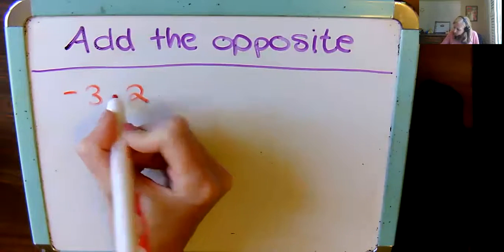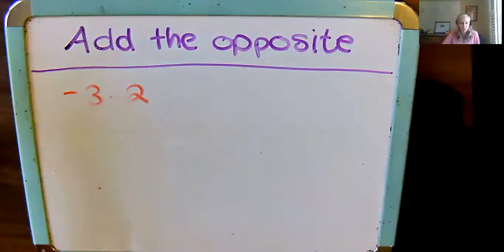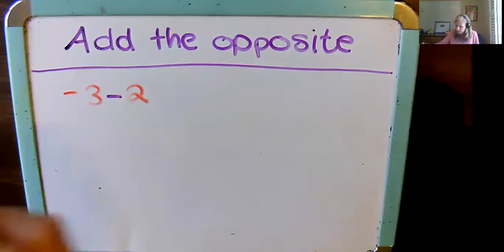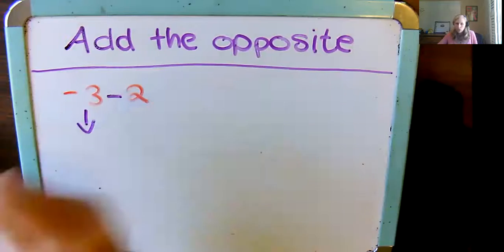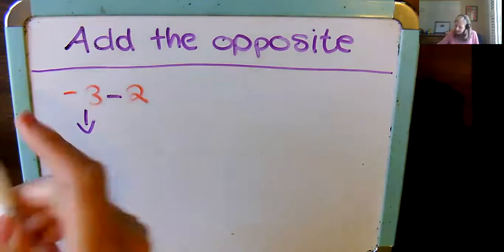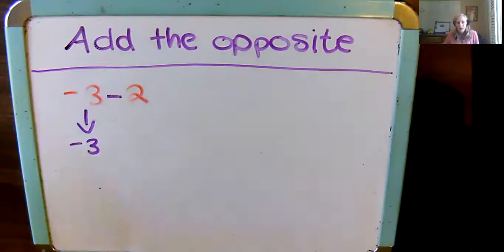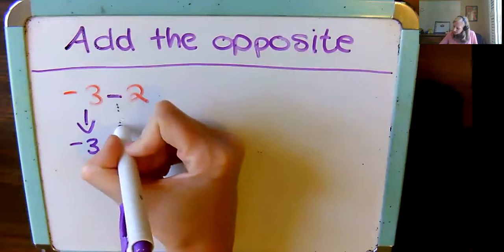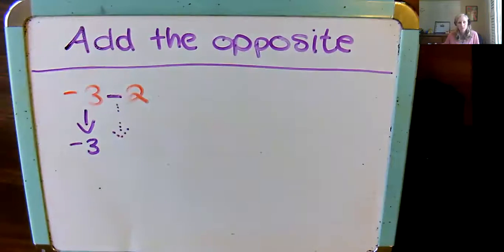When you see this word minus, or say this word minus, I want you to think add the opposite. You're going to keep your first number exactly the same. Your first integer needs to stay exactly the same. And then we're going to change our subtraction to a plus.